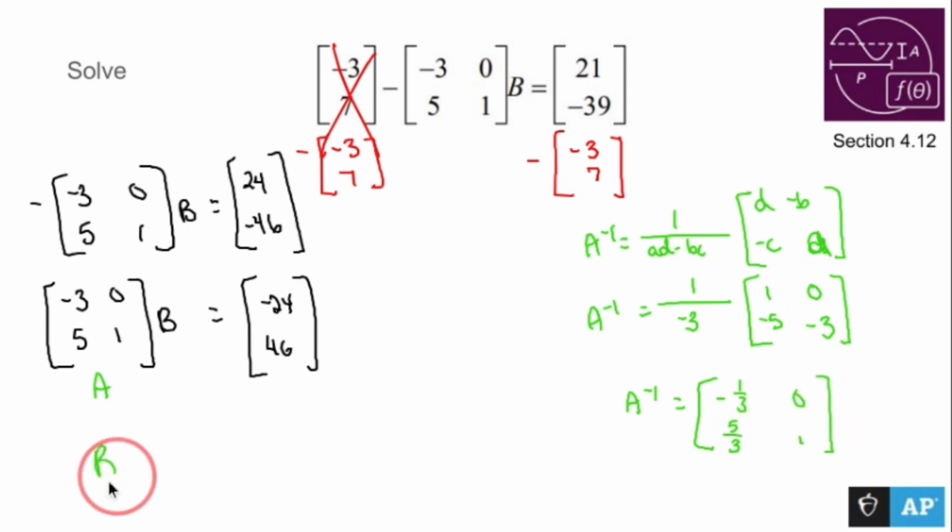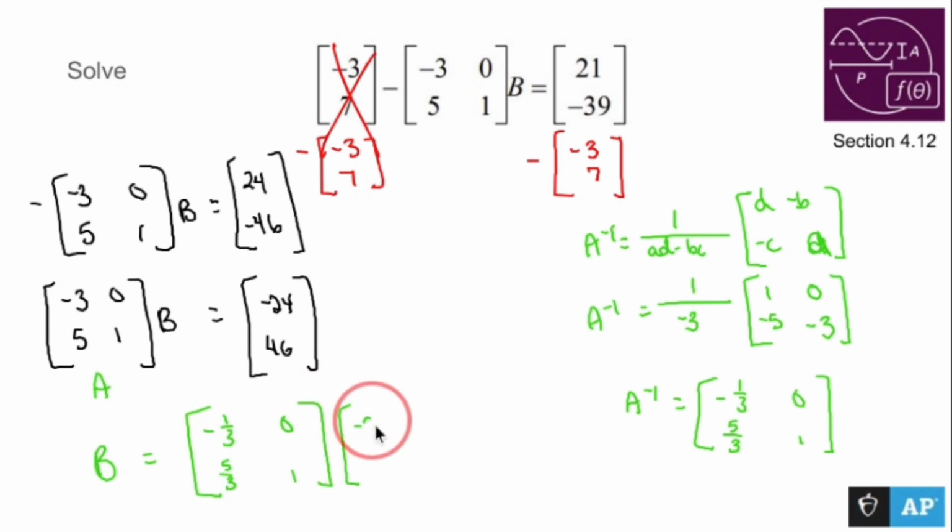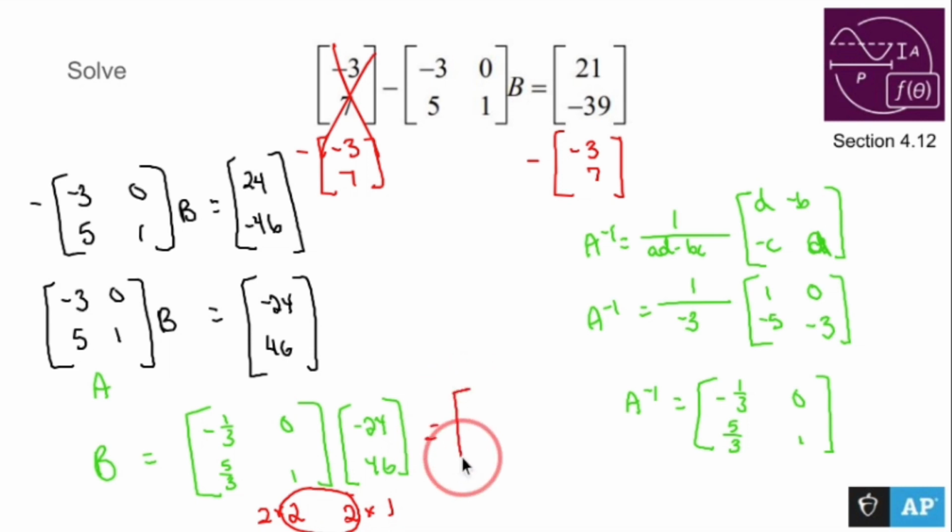So B is going to be me multiplying negative 1/3, 0, 5/3, 1 to negative 24 and 46. Okay, we have ourselves a 2 by 2 being multiplied to a 2 by 1. So this is legal. And we're going to get ourselves a 2 by 1.